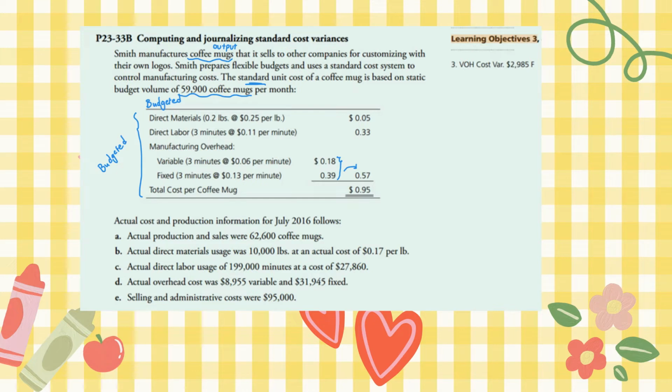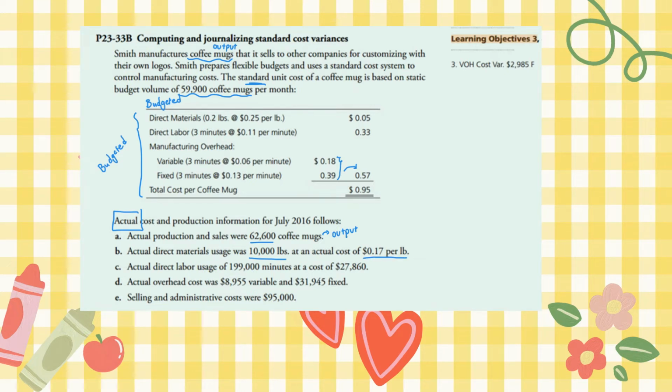Now, actual cost and production information for July 2016. A. Actual production and sales were 62,600 coffee mugs. Again, this is my output, I'm manufacturing mugs. B. Actual direct materials usage was 10,000 pounds at an actual cost of 17 cents per pound.